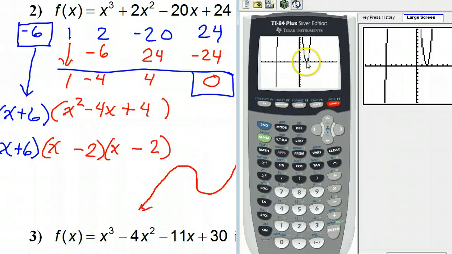But anyway, sure enough, at the 0 of 2, you see that it's a bounce, just as we predicted. That's a double root. And the other one, the -6, was just a single, so it just goes through at the -6. Okay, I'm just trying to make some connections for you guys on how this all goes together.